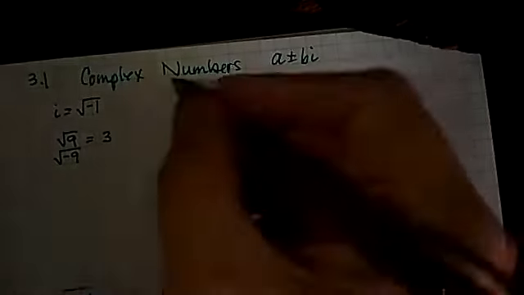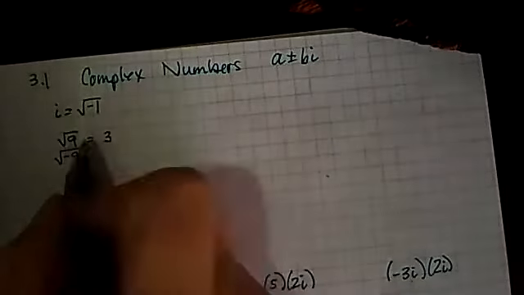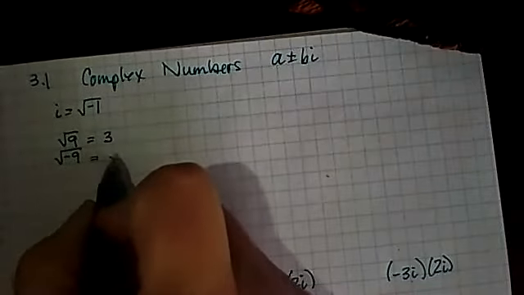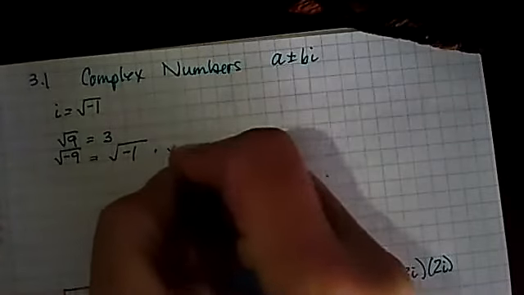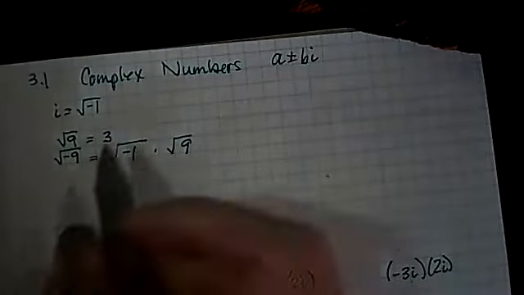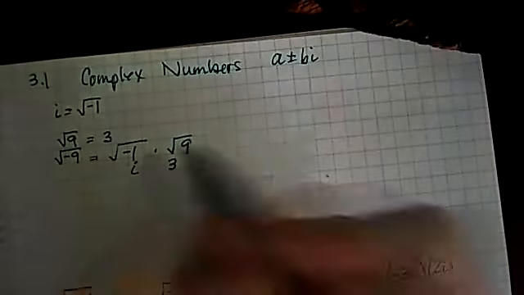So let's talk a little bit about the square root of -9. I know that this is the same thing, and I could write it like this if I want to. Could break it apart. All right, so we know that this is 3, and we know that this is i.